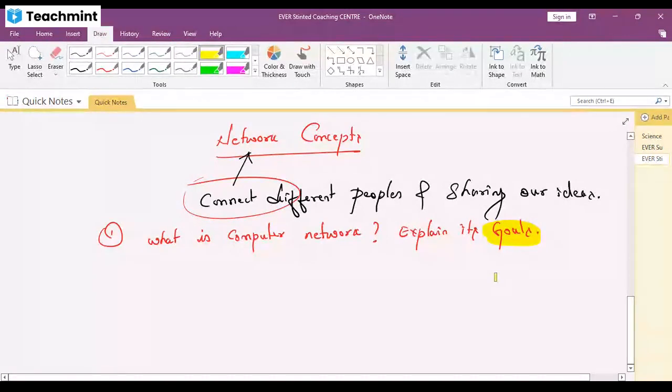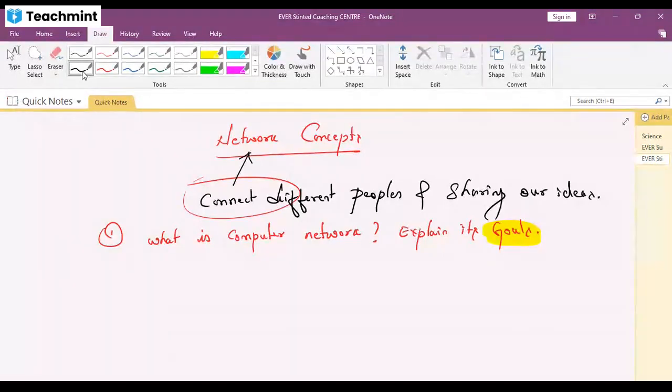See children, these are the different ways questions can be asked, but the answer remains the same. The very important part is you need to understand the structure of asking the question. Got it? What is the need of creating computer network?